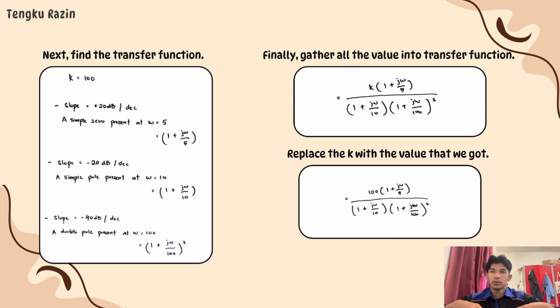Finally, we substitute K equal to 10 into the equation, and we get H of j omega equals 10 times the quantity 1 plus j omega over 5, divided by 1 plus j omega over 10 times 1 plus j omega over 100 squared, and that is the final answer for the transfer function.